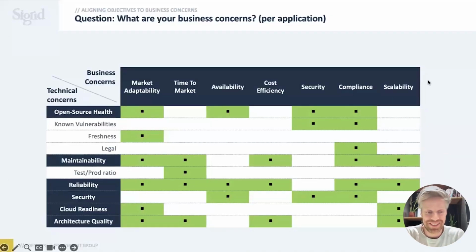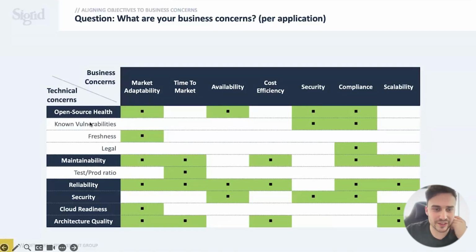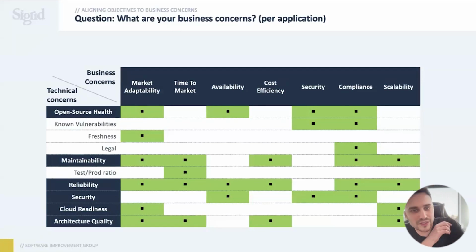So here we have a mapping between, on the left side, the technical concerns. You can see that there are some capabilities or quality aspects that you can find in Sigrid. These are more defined on technical aspects. And at the top, you can find business concerns. These are market adaptability, time to market, cost efficiency, and so on.